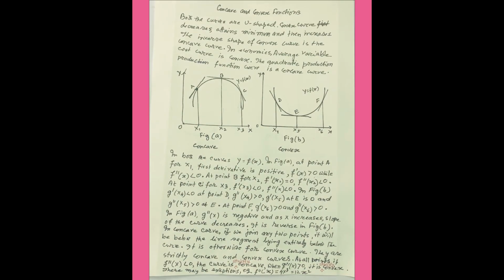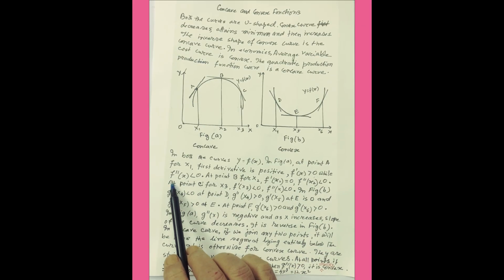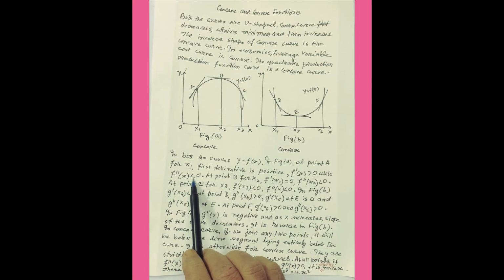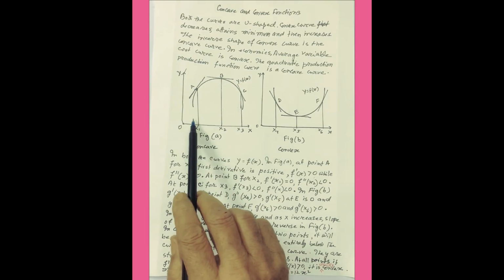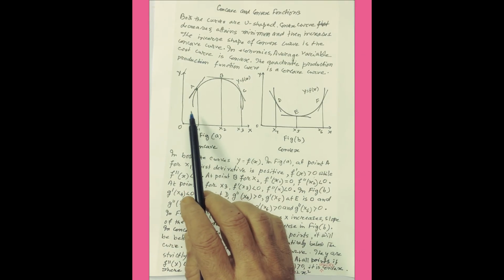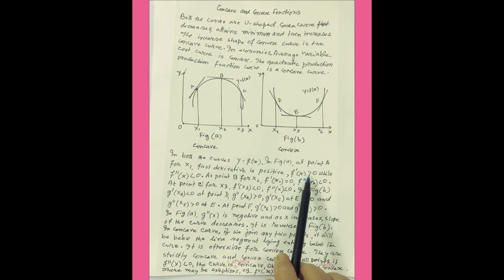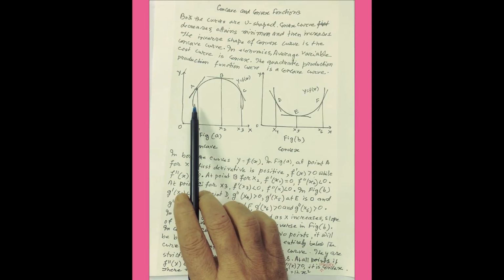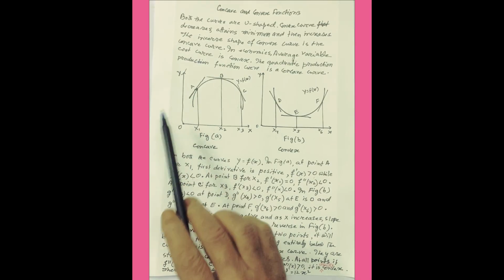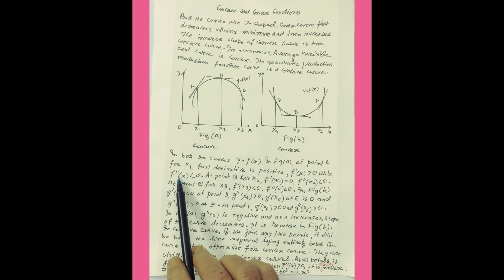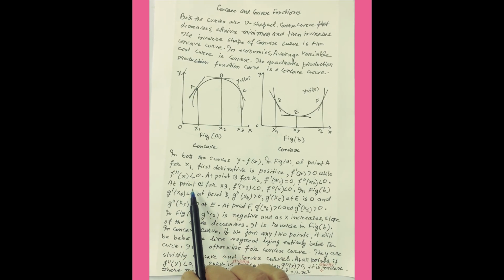Then if you take the first derivative, it is positive, while the second derivative is negative. The nature of the curve is such that it is increasing. That's why the first derivative is positive. But at what rate is it increasing? It is increasing at a decreasing rate.